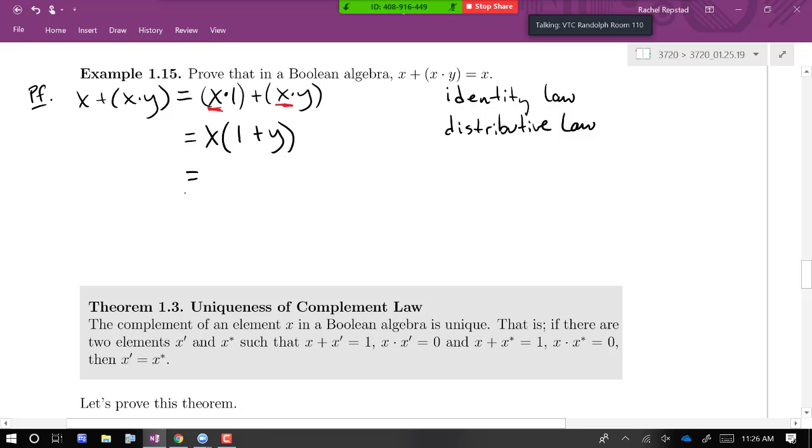Now, because we just took the time to prove this on the previous page, I'm going to cite the work we just finished. We proved in example 114 that, what should we end up with in the parentheses there? What is 1 plus y going to be equal to? It'll be 1, yeah.